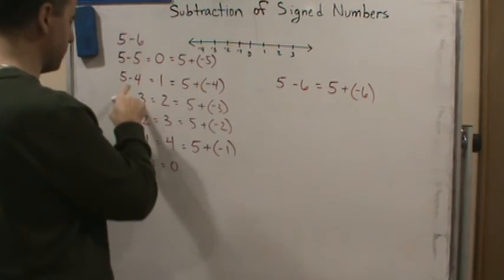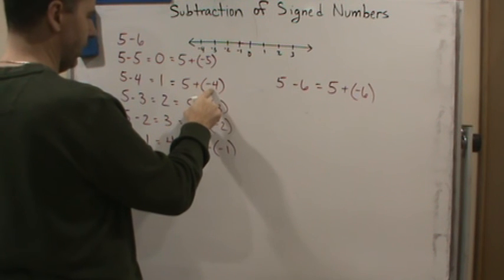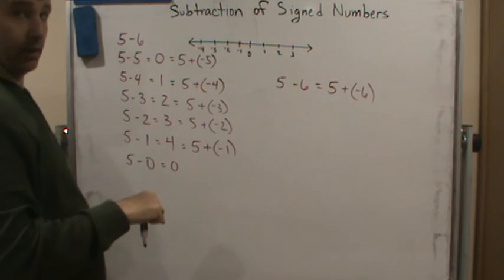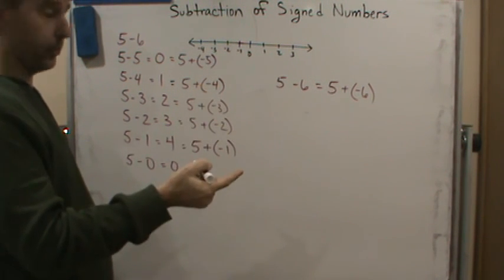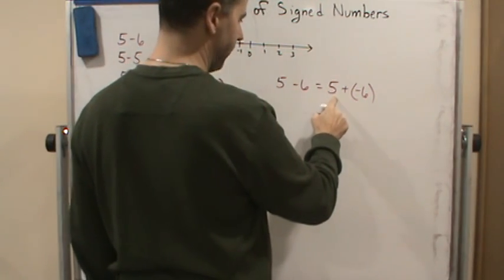So all I'm doing is changing the subtraction to an addition and changing the sign of the second number, right? So 5 minus 6 is the same as 5 plus -6.